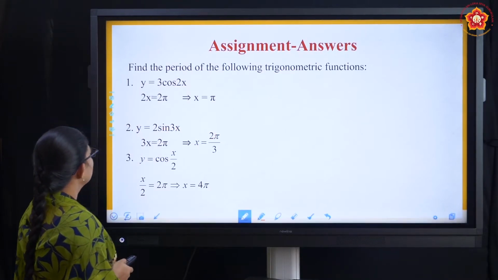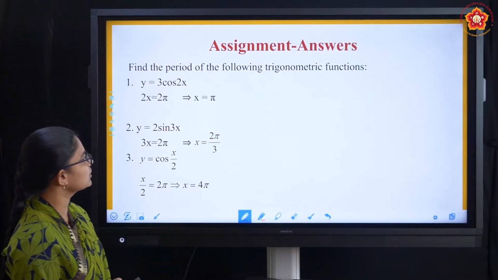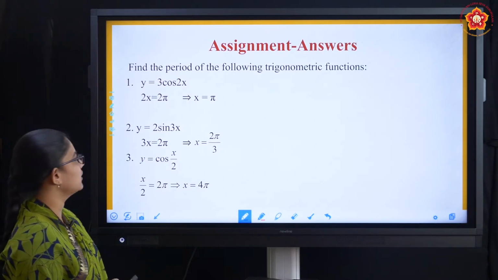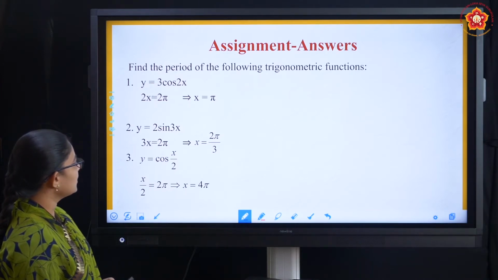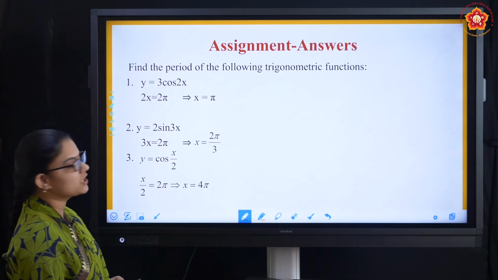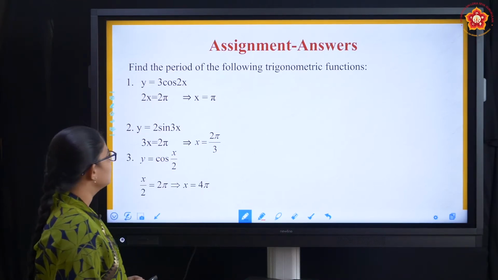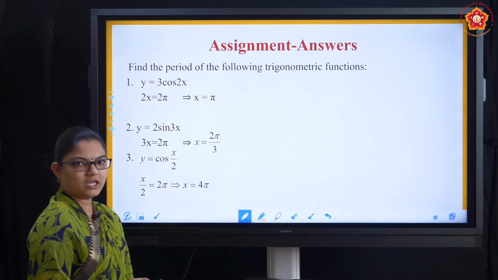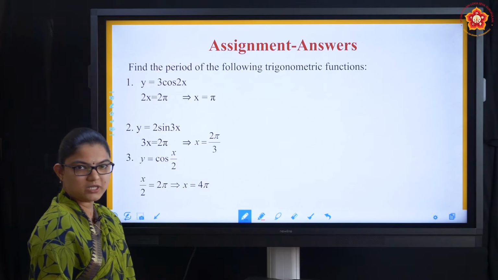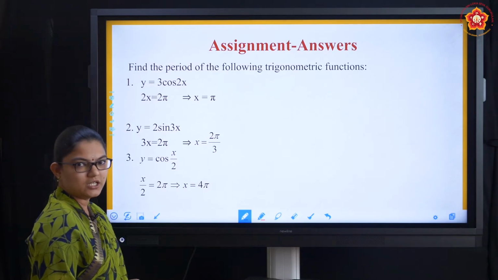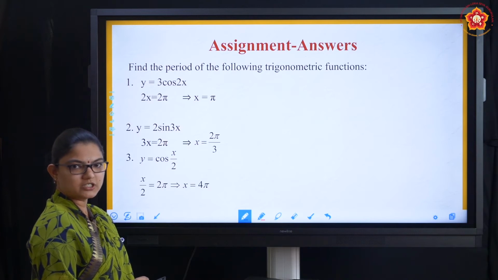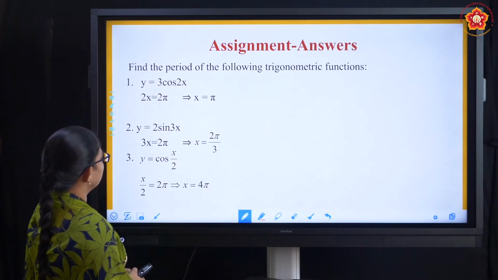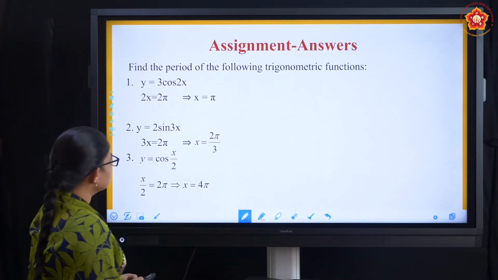We have to find the period of the following trigonometric functions, where the given function is y is equal to 3 cos 2x. So here the period of 3 cos 2x is nothing but the period of cos 2x, and the formula we can use is: the period of f of ax plus b is the period of that particular trigonometric function f of x divided by the modulus of the coefficient of x, or the variable.